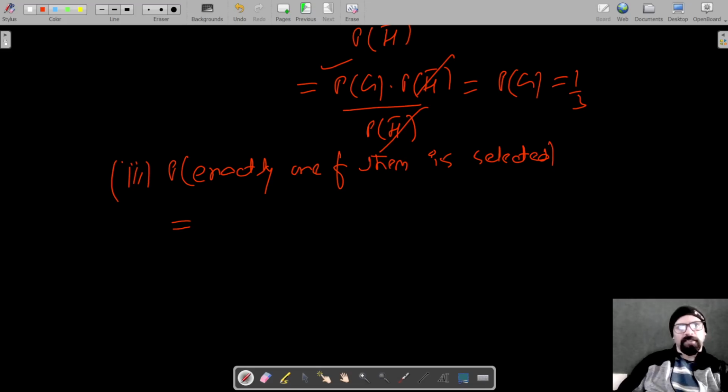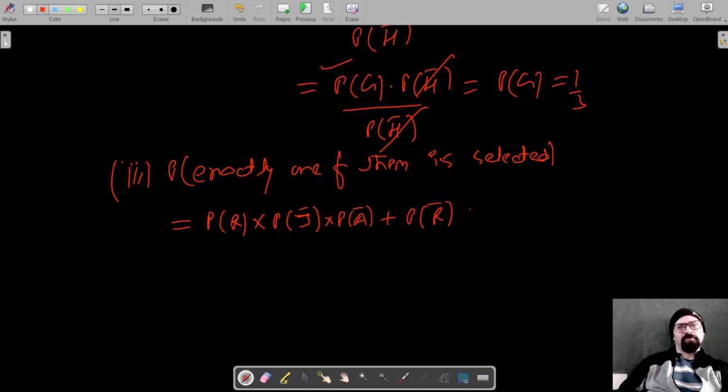We can write it as: Rohit is selected, Jaspreet is not selected and Alia is also not selected, plus Rohit is not selected, Jaspreet is selected and Alia is not selected, or Rohit is not selected, Jaspreet is not selected and Alia is selected.